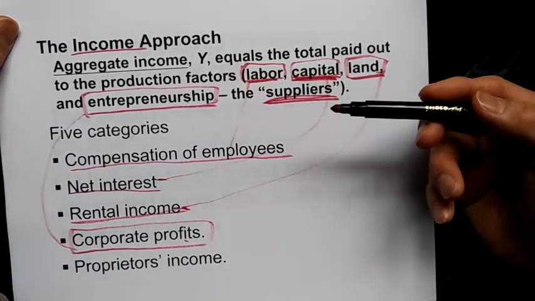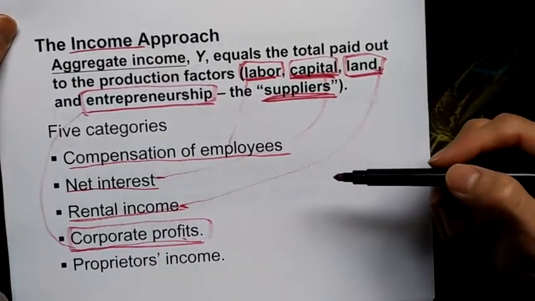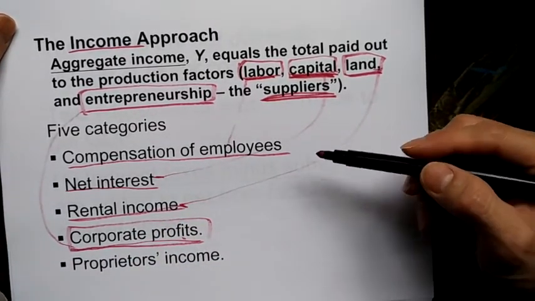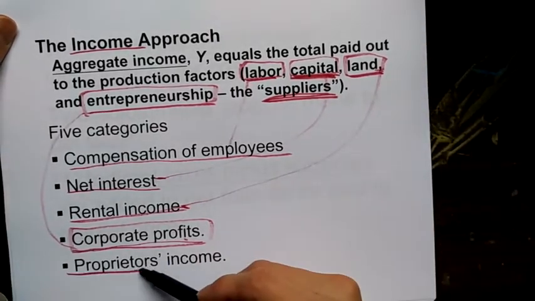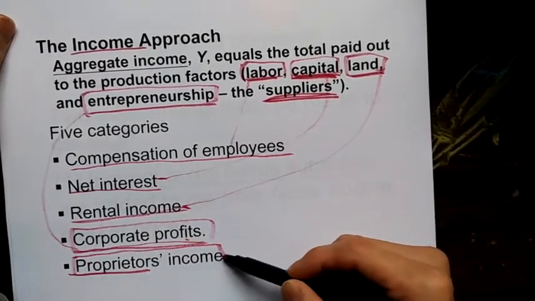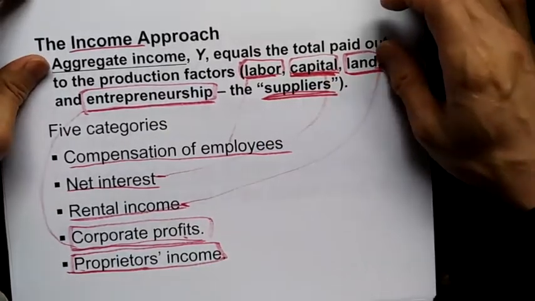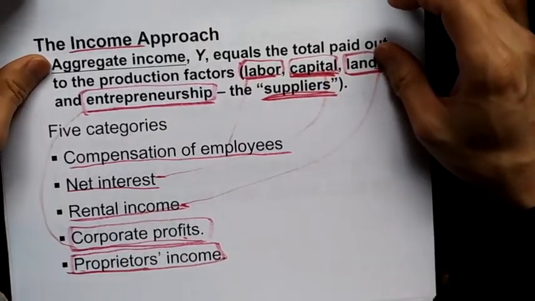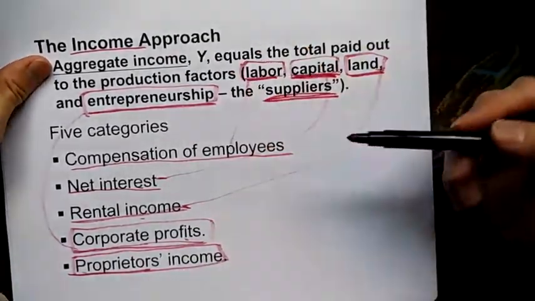For those entrepreneurs who are not incorporated, say, for example, you open a restaurant, then you are called a proprietor. Then the proprietor's income is another part of the entrepreneurship's income. Therefore, you sum up these five parts, it will be the total income in the economy.